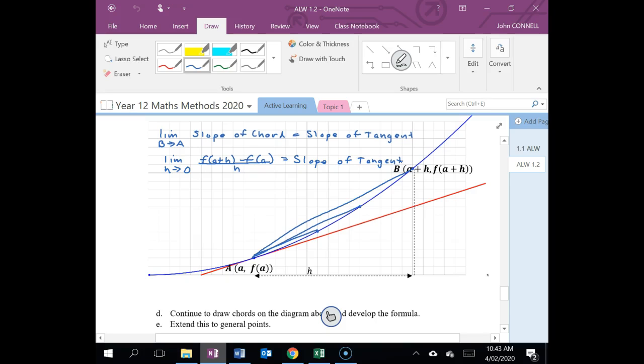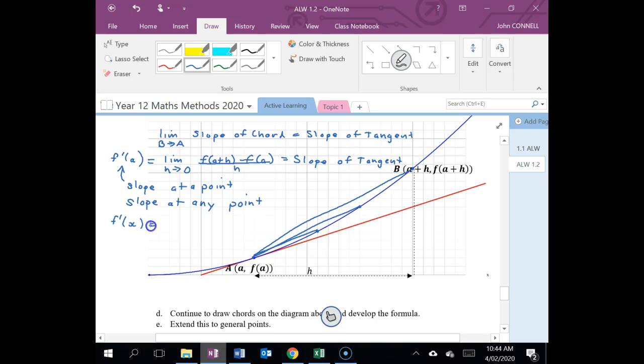Now, that's for some specific point A. But if instead of at A, I want to know it at any point on my curve, then all we have to do is generalize the point A. So this gives me f dash of a. In other words, this is the slope at a point. But if I want the slope at any point, I don't specify the point that I'm talking about.